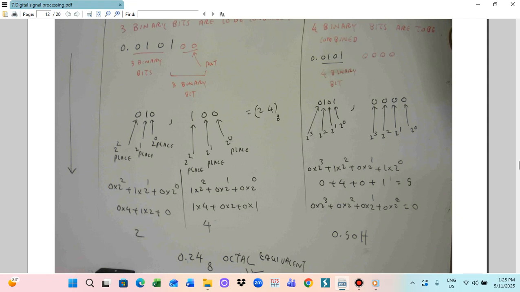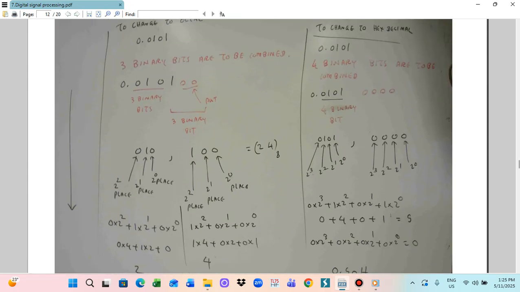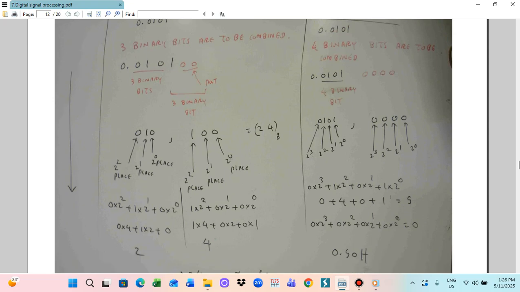So let's put in two 0s. This makes 100, and this is how you get another 3 binary bit group. So the numbers are 0.010, the first 3 binary bit group, and 100, the second group. So we can rewrite these numbers as 010 and 100.